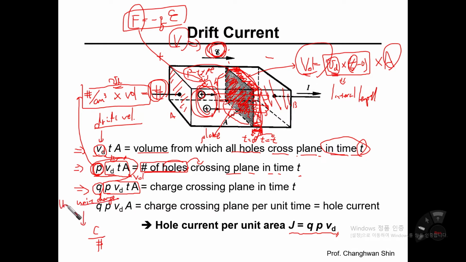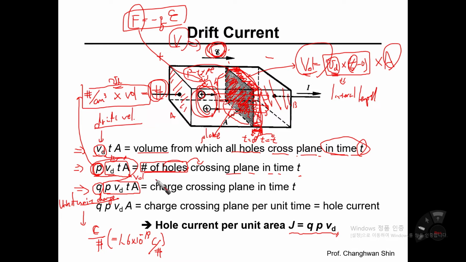Well, actually, this value is 1.6 times 10 to the minus 19 coulomb per hole or per electron. But in this case, we are talking about p-type silicon, so you may think of it as coulomb per hole.